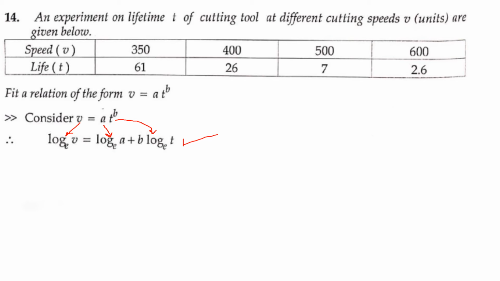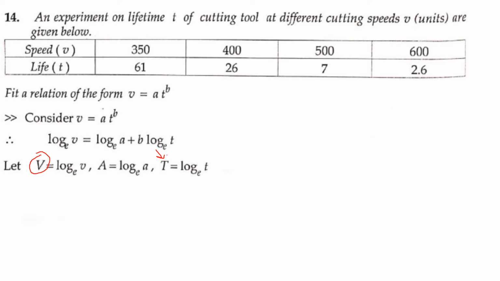Now let us call this log v to the base e as capital V, and log a to the base e as capital A, and log t to the base e as capital T. Now these are our new variables. Capital V and capital T are the new variables.